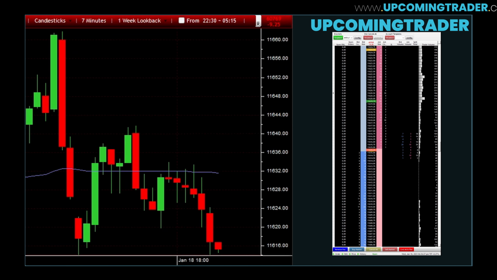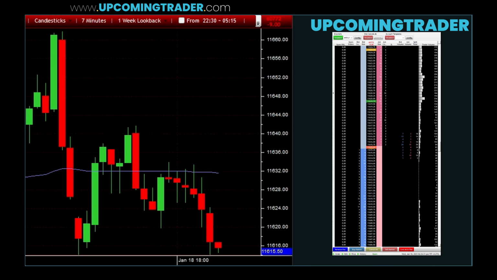Moving averages can also assist in identifying trend directions and help avoid taking trades against the major trend. Combining multiple tools together provides a more holistic view and can greatly improve your trading accuracy.